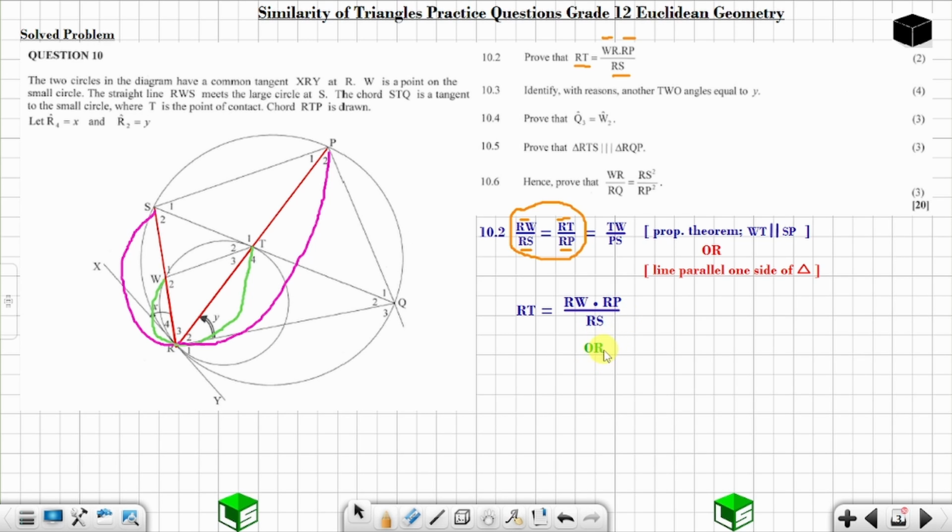An alternative method to solve this question is to use the similarity of triangles. You have two triangles, triangle RTW and triangle RPS.